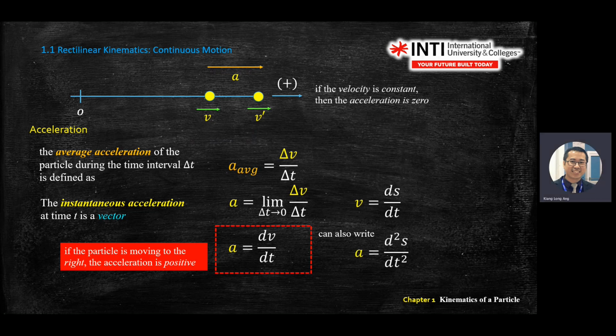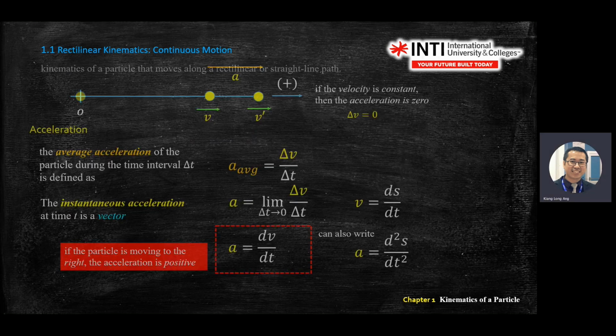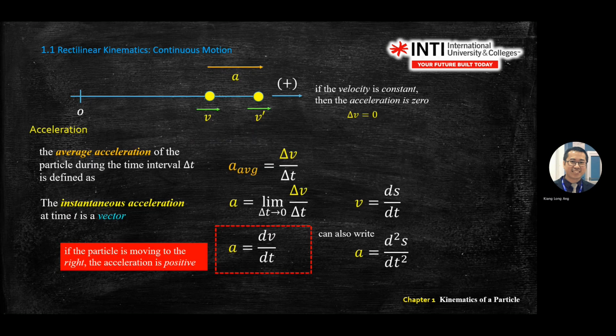So I derived the equation for you already. Here, sometimes the question is a bit tricky. It will tell you velocity is constant. When the velocity is constant, your acceleration straight away equals 0. Can anyone not understand why constant velocity means zero acceleration?